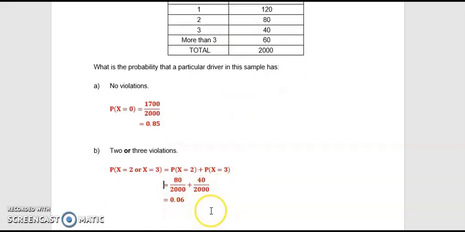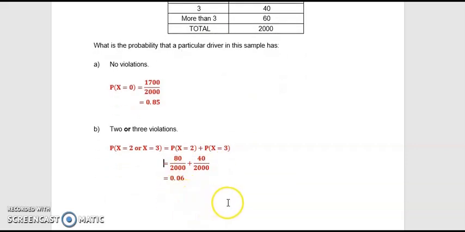If you total this up, the probability will be 0.06. So it means a very low chance for 2 or 3 violations. 0.06 is 6%, so 6% of drivers have 2 or 3 violations.